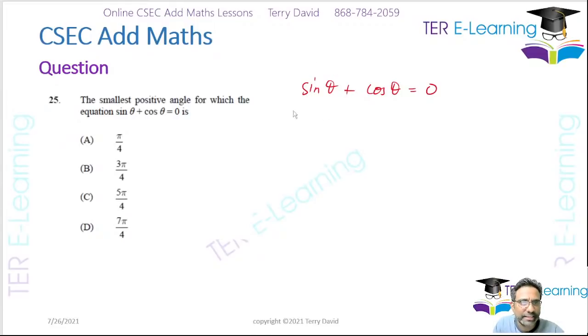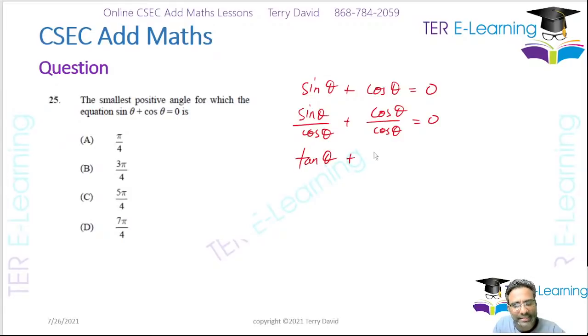So therefore, this could be written as sine theta over cos theta, right, plus cos theta over cos theta is equal to 0, right? Sine over cos is going to give me tan. So therefore, tan theta plus cosine theta divided by cosine theta, which is 1, is equal to 0. So therefore tan theta is equal to minus 1.